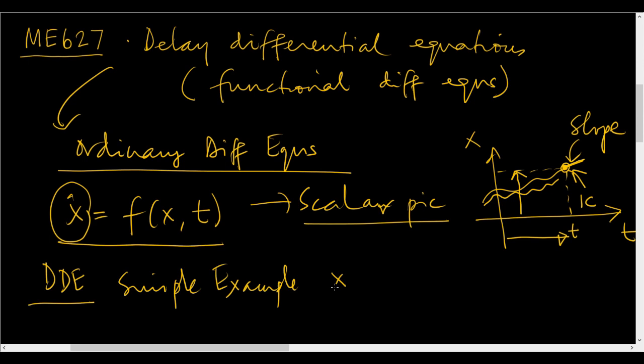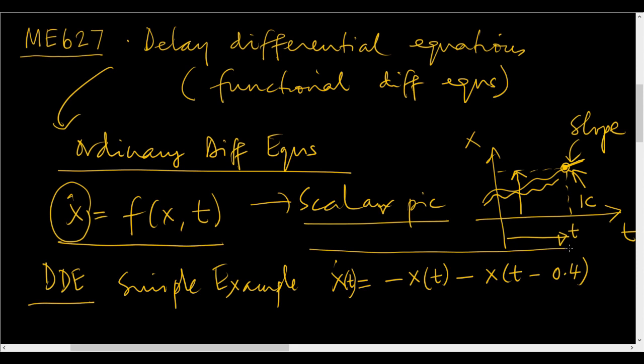X dot at t is equal to minus x at t minus 0.4. So you see, this is a peculiar equation because the rate of change at time t depends on a past value. Okay, so let us depict this pictorially.